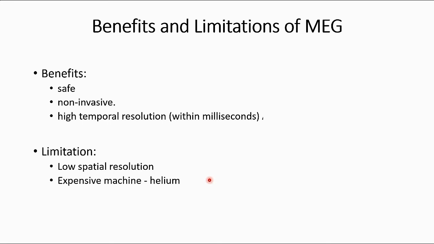MEG has shown to be an expensive tool to explore human brain function, as an extra budget of more than 5,000 ringgit Malaysia is needed every week just to pay for the helium for the SQUID sensors to reduce the temperature and produce low impedance in order to detect and amplify the magnetic fields of the neurons.